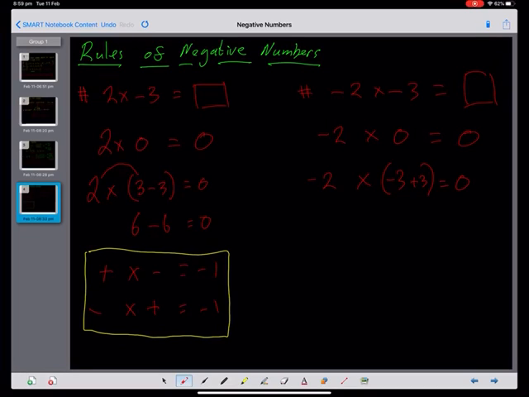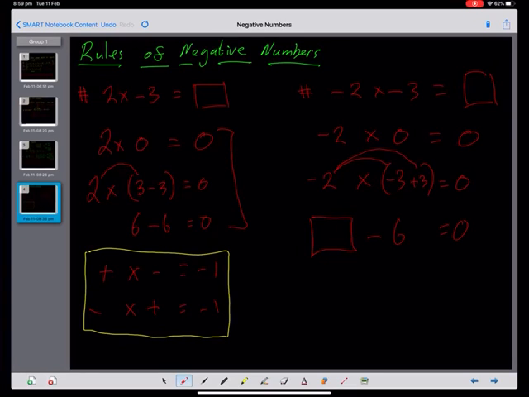Let's do it the other way. Okay, so we're going to distribute this and this. Okay, we don't know what a negative times a negative is. So I'm going to put that in a box. We don't know what it is. But we do know from here that a negative times a positive is a negative. So we know that this is going to be negative 6.